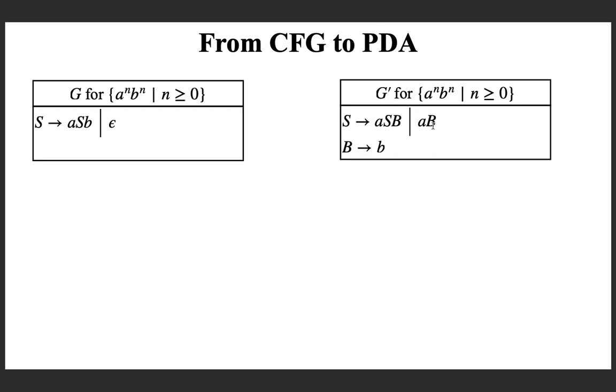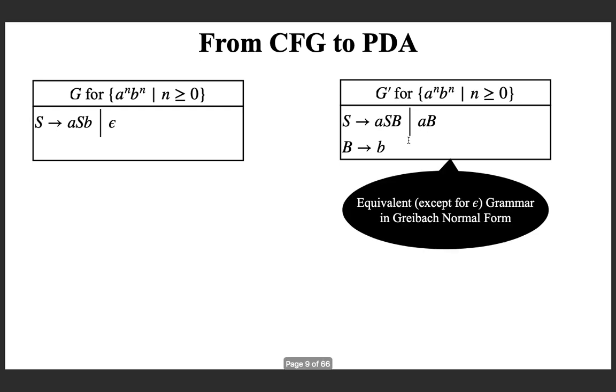Here it is true, here also. Here after the terminal symbol, there are variables or nothing. So this is in Greibach normal form. You can see that they are equivalent except for the null string. Here the language includes the null string, which is not permissible in a GNF grammar.